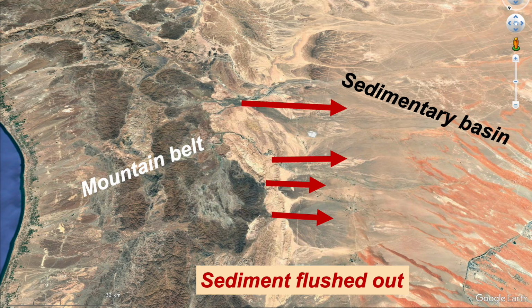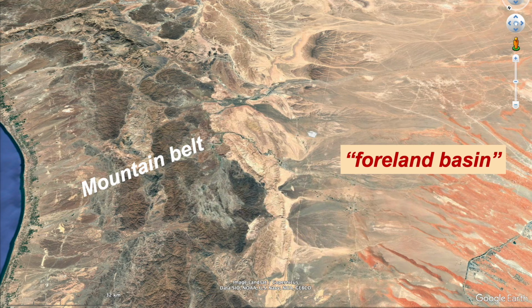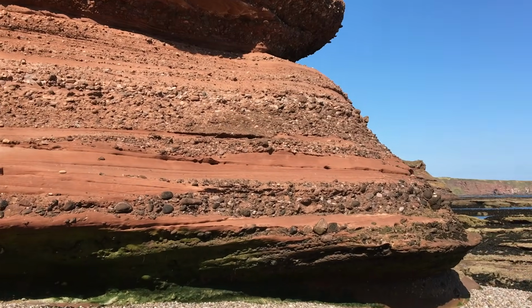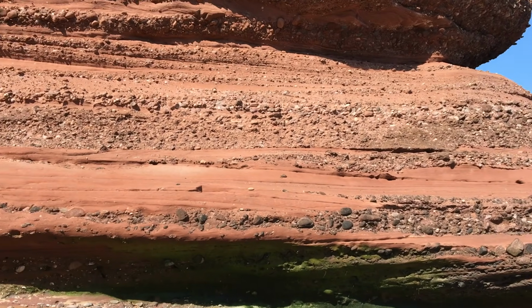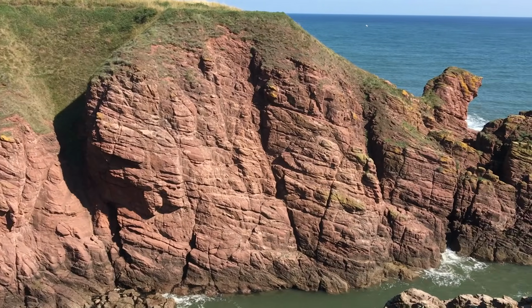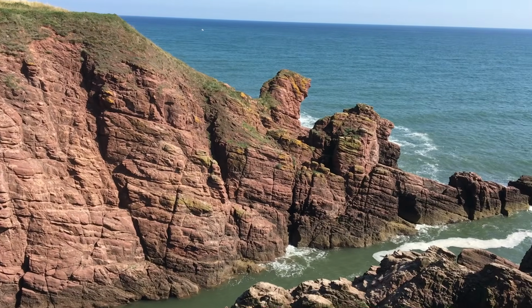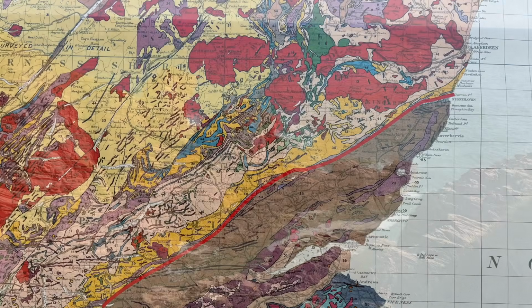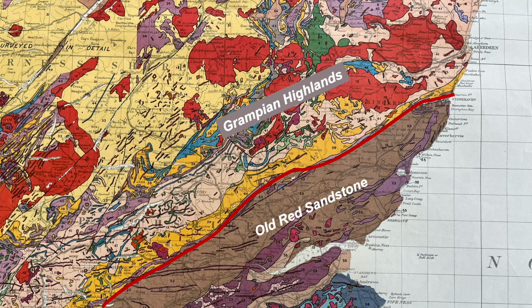These types of basins are called foreland basins. So the first questions for us are, which mountains sourced the sediment of the Old Red Sandstone? Did this sediment accumulate in the foreland basin? And how do these sediments relate to the Grampian Highlands next door?